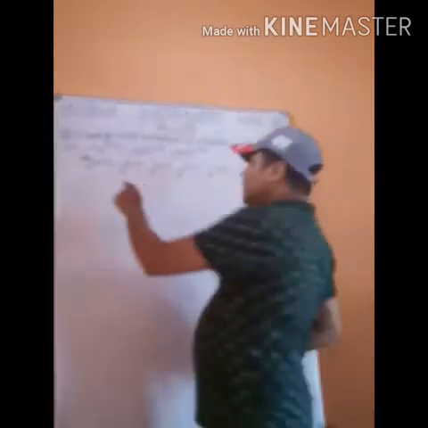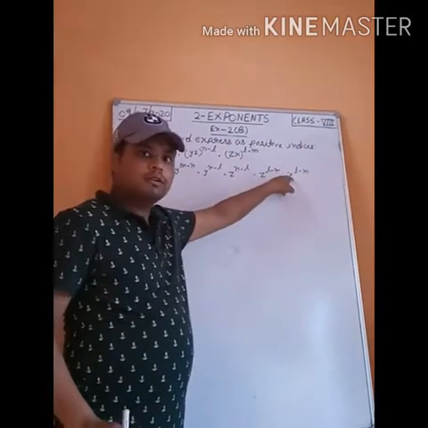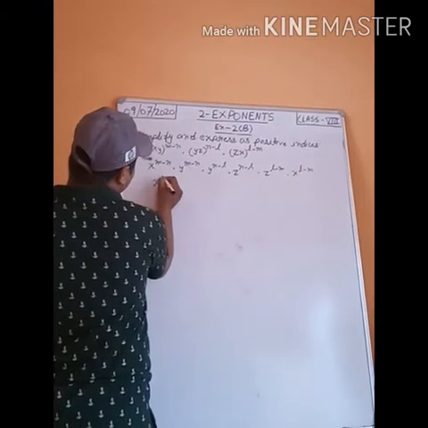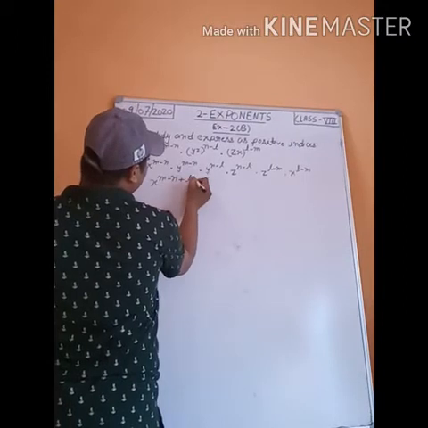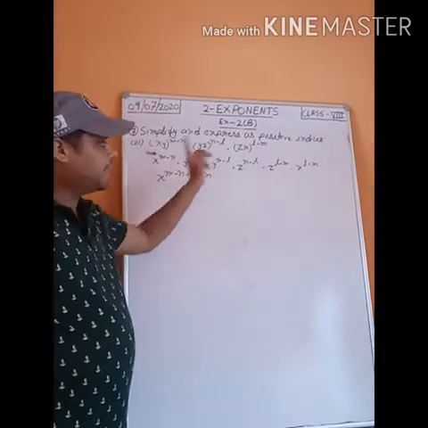So for this x base, do we see any other x base? Yes, this one. So we can write x raised to the power m minus n plus l minus m. We can add the powers.